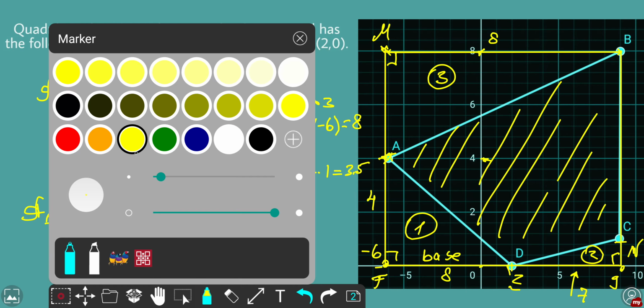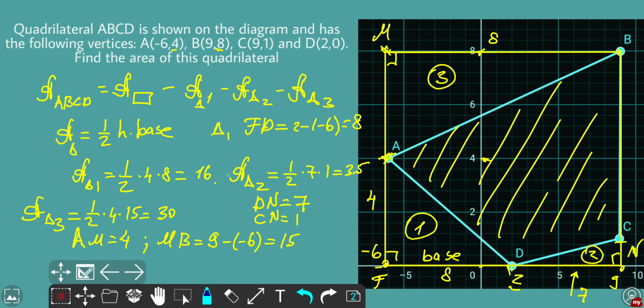Okay, let's highlight the numbers that we've got. 16 for triangle 1, 3.5 for triangle 2, and 30 for triangle 3. So that's why the area for the ABCD is going to be equal to the area of the rectangle right now.